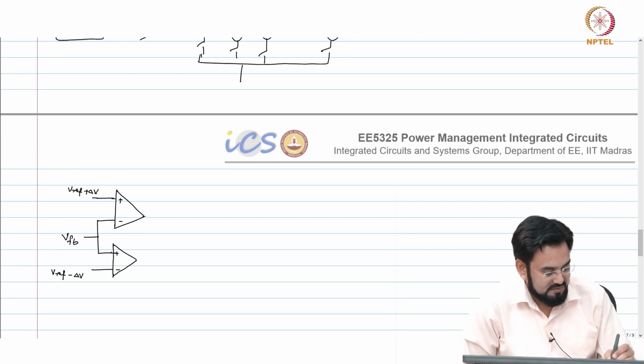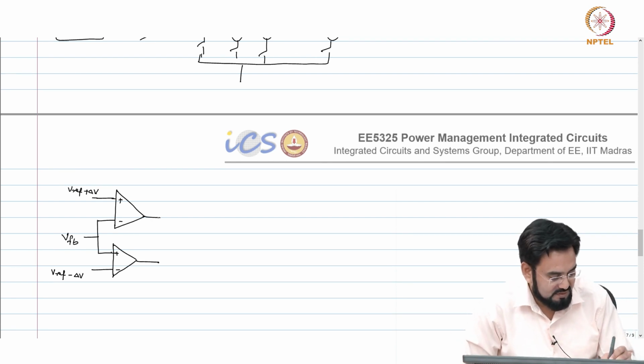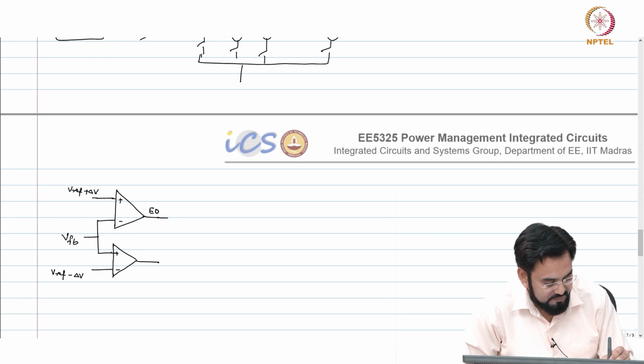So, what will happen? Let us see the code. So, if I call it E1 and E0.